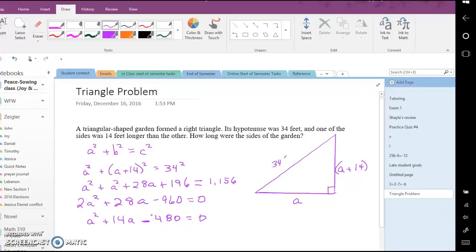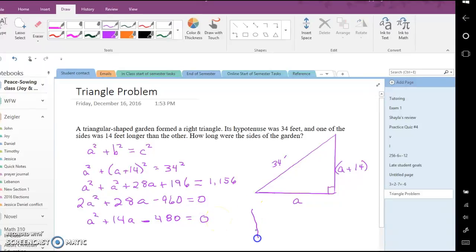Notice that 0 divided by 2 is 0. So now we have to factor A squared plus 14A minus 480. We either need to factor it, or use the quadratic formula, or use completing the square.